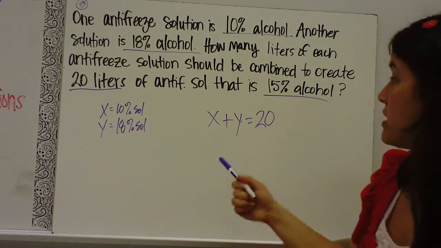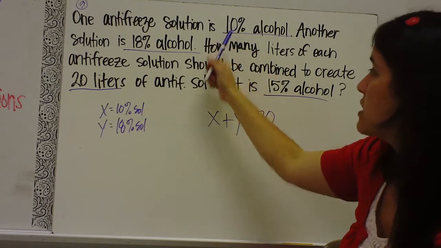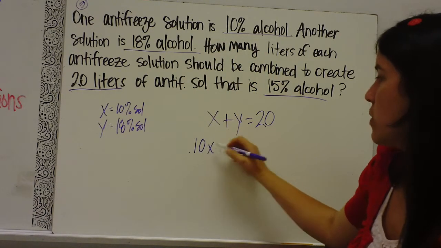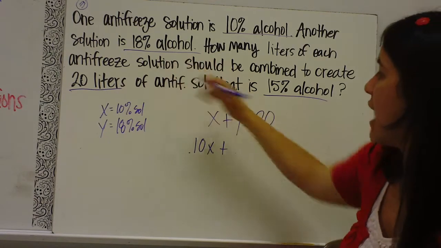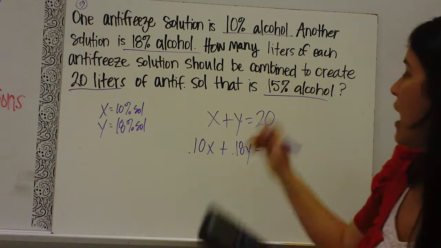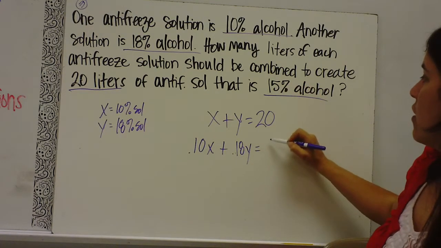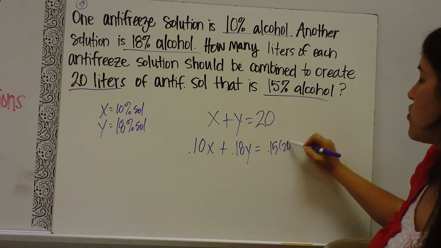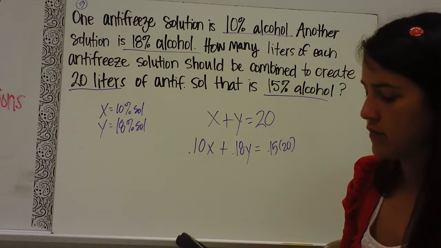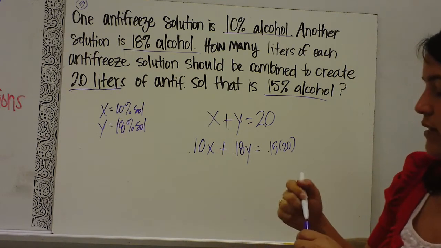Now we have to use our percent. So we're going to use 10% of X, 0.10 or 0.1, and then 18% of Y. And we have to multiply, remember? 0.15 times 20. 0.15 times 20 is 3.